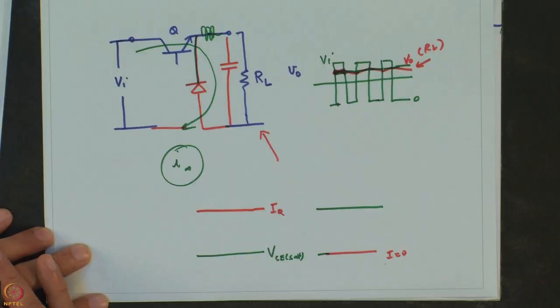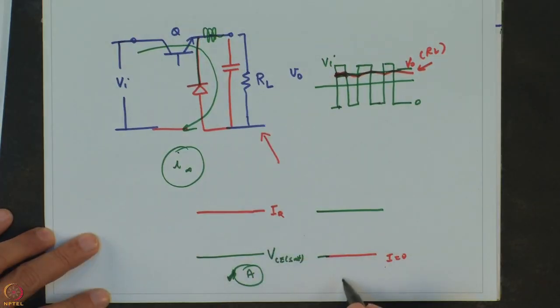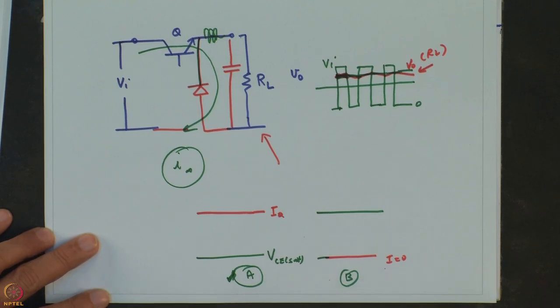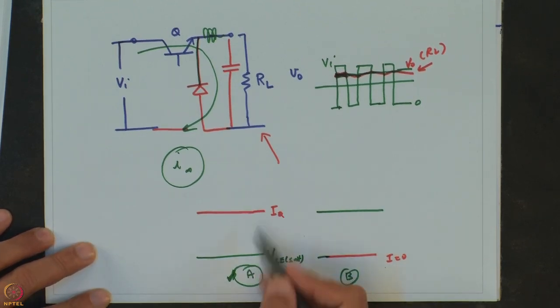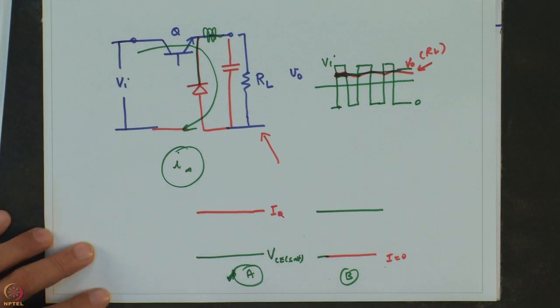So, what you see, whether the device is conducting as in A or not conducting as in B, is that the product of the voltage and the current remains very small or nearly 0. Now, this was not the case in the linear regulator, where the transistor is always in the active mode and always dissipating power.